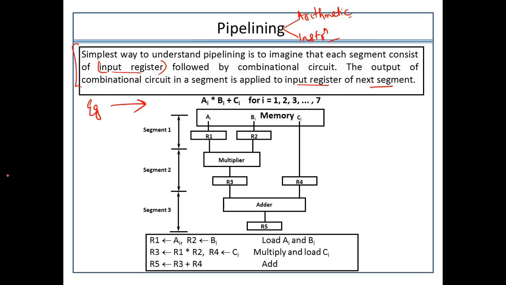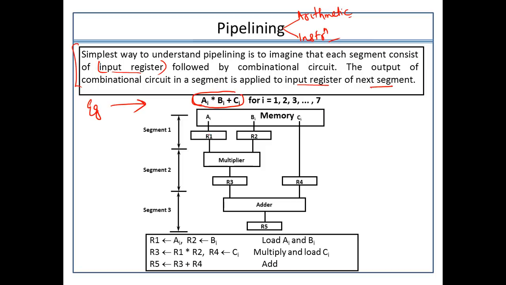So what exactly are they saying here? After each segment, let's suppose this is the arithmetic operation that we want to perform: Ai multiplied with Bi plus Ci, right? So we have segmented this particular task into a number of segments. In the first segment, only the loading of data will take place.